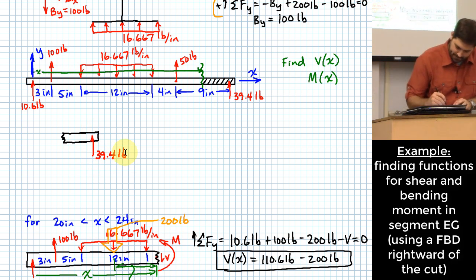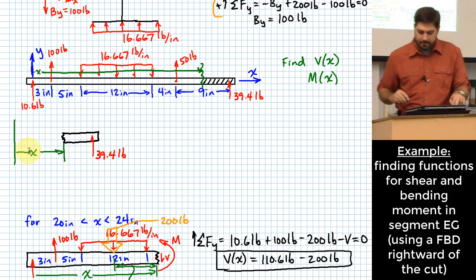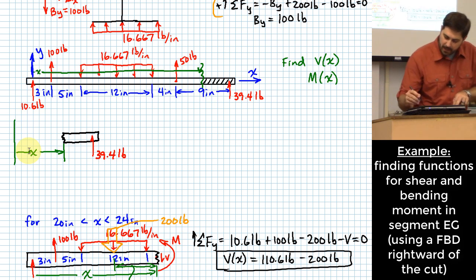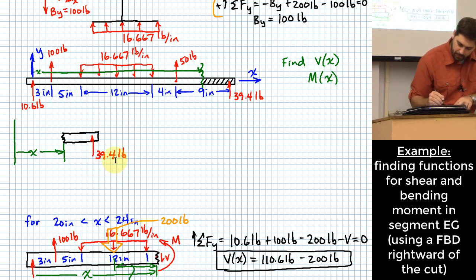Okay? Now here's what's tricky. My x value is still measured relative to something over here on the left. All right? And how far is it from that same line to my 39.4 pounds that I have on the right side?